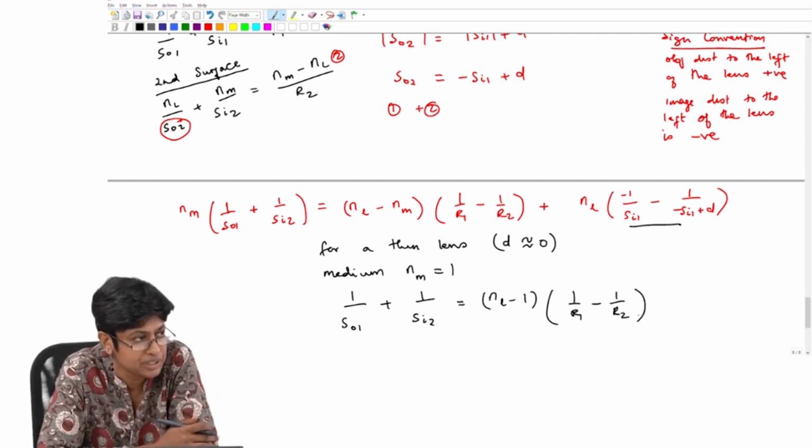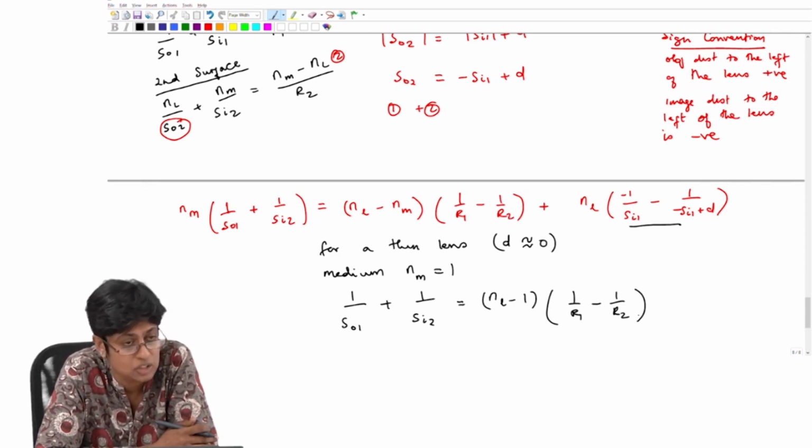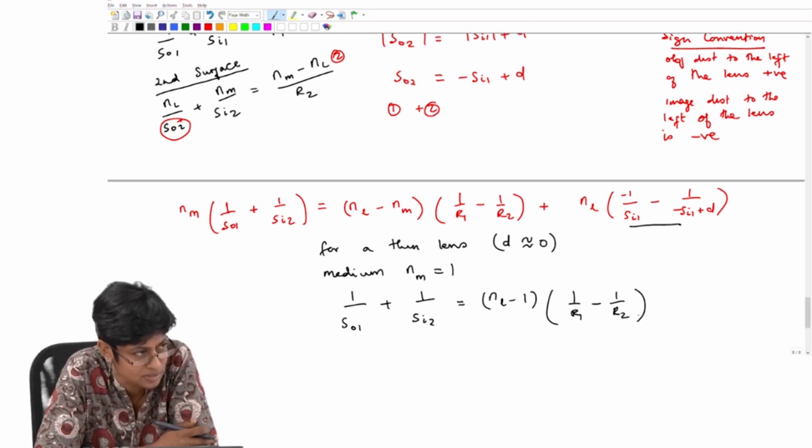I have an equation which is in terms of the object distance and the final image distance. The object distance S naught 1 is the location of the object on the optical axis from the vertex of the first surface. The image is the location of the image point on the optical axis from the vertex of the second surface, right?